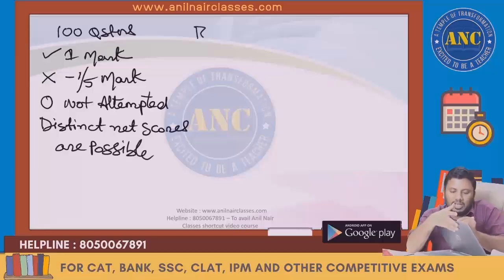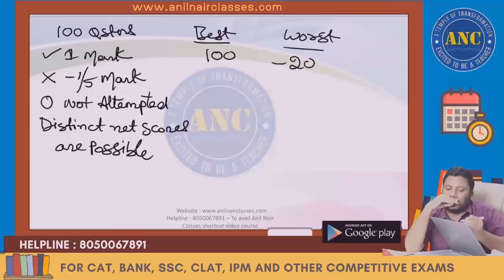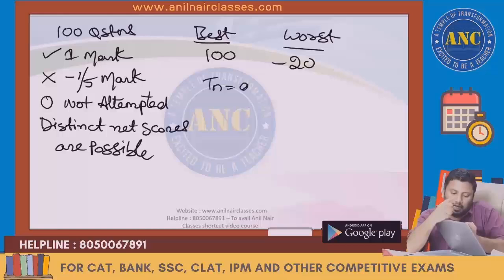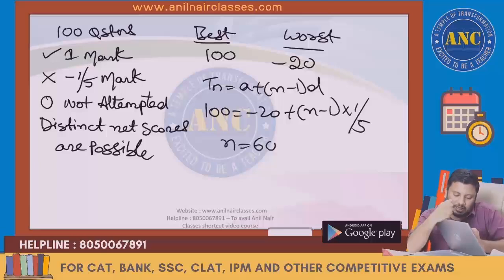So best case, all 100 are right: 100. Worst case, all 100 are incorrect. So Tn equals a plus n minus 1 into d. 100 equals minus 20 plus n minus 1 into 1 by 5. N is 601.